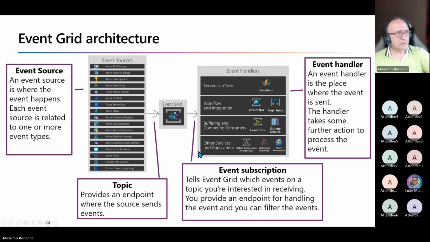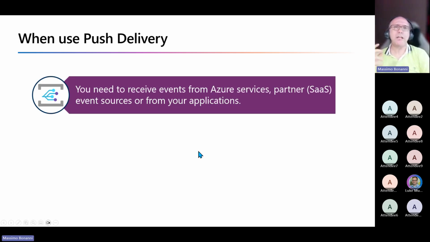Then this is a push delivery approach. So someone throws an event, and the event will be pushed to the final handler. When you use push delivery, there are particular scenarios. For example, you need to communicate between your components, or between Azure services or partner services and your application, or from your application.